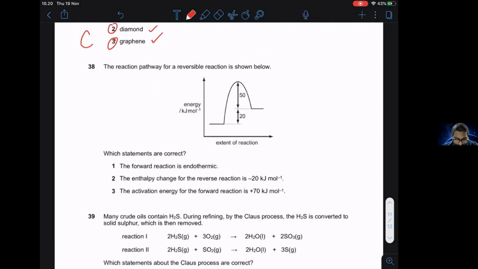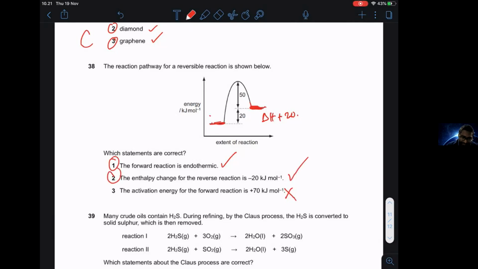Which statement is correct? The reaction is endothermic. Forward, yes, this is endothermic. So delta H is positive 20. Enthalpy change for the reverse reaction: forward reaction is 20, so this is wrong. For the reverse reaction, from here to here they lost 20, so negative 20, correct.